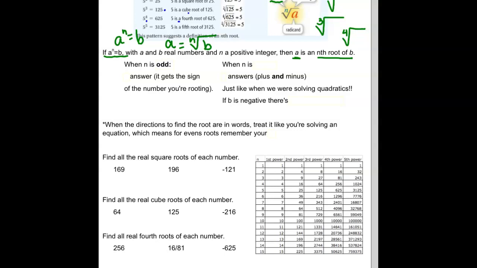We have two situations that we have to think about: when n is odd versus when n is even. If n is odd, we get one answer, and it gets the sign of the number that we're square rooting, cube rooting, whatever.